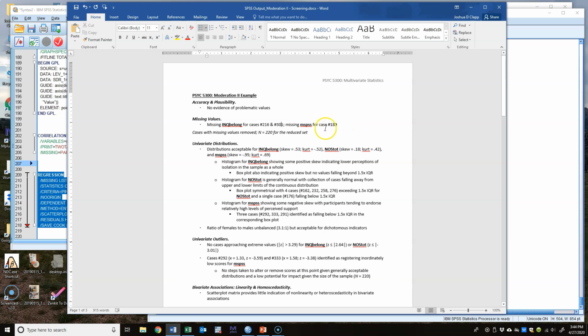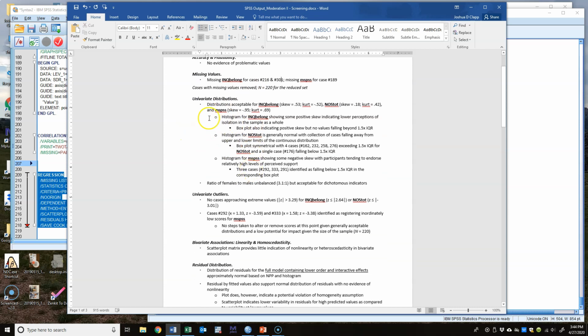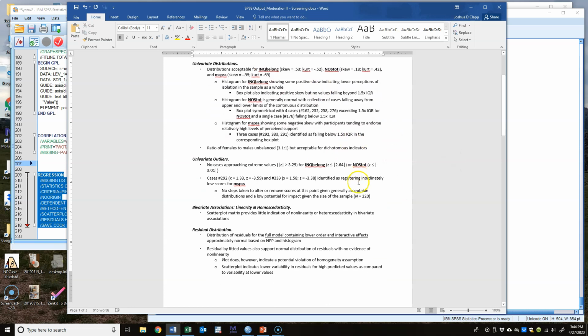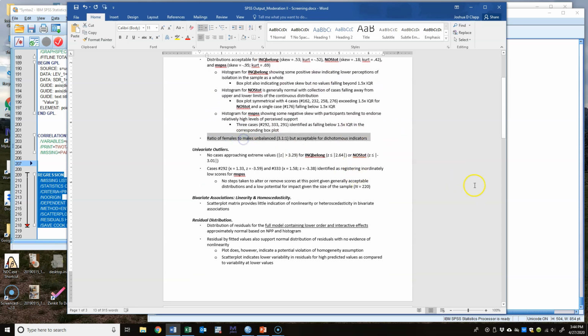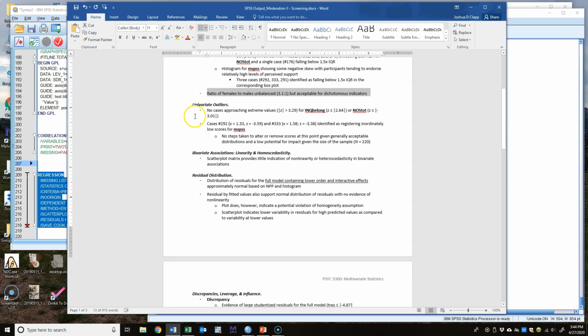Case 189, missing for MSPSS, so we're noting that there. Univariate distributions, describing box plots, histograms, and things along those lines. Here, making sure to make note of the ratio of our dichotomous indicator. Again, about a 3-to-1 split, but acceptable for what we're doing here. Univariate outliers or extreme values. I like this.